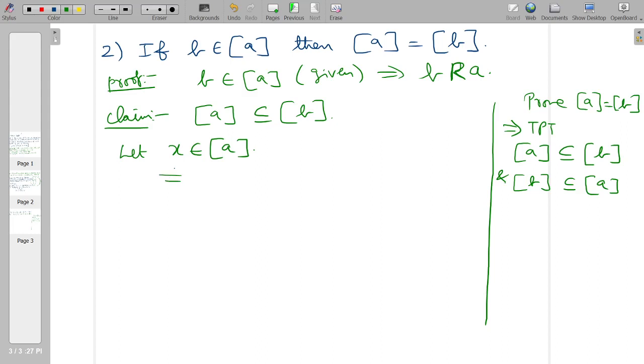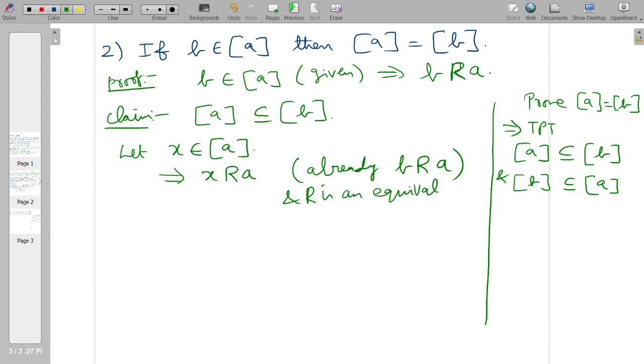So now what is the meaning of this? X belongs to equivalence class of A implies X is related to A. Already B is related to A, and R is an equivalence relation.